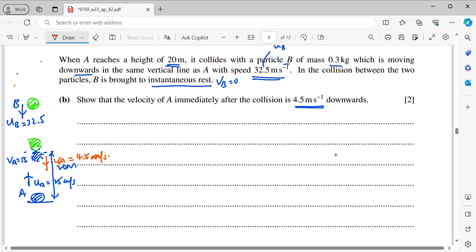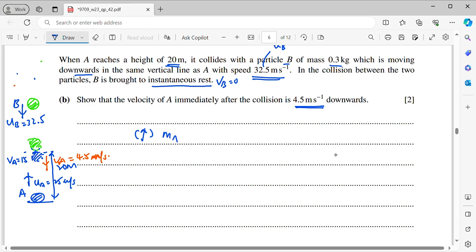So from here, since a collision is involved, I will refer to the linear momentum. Now, I will say we consider upwards.